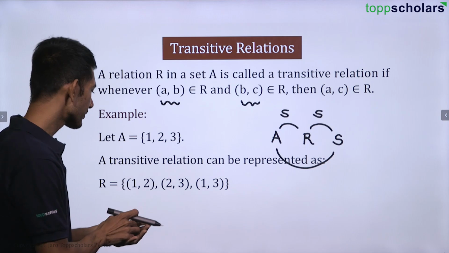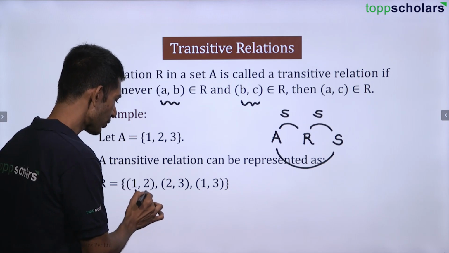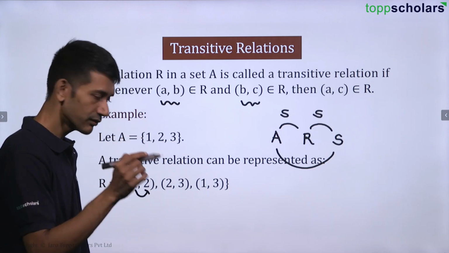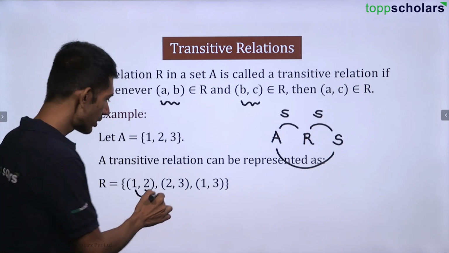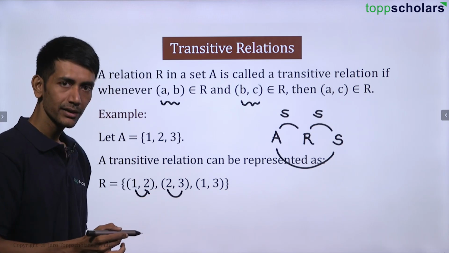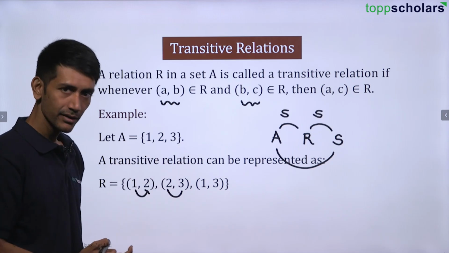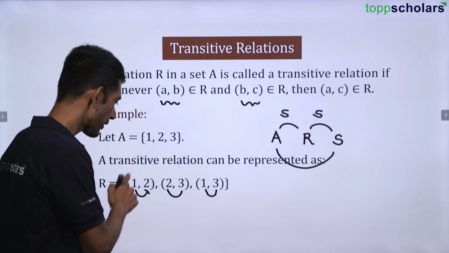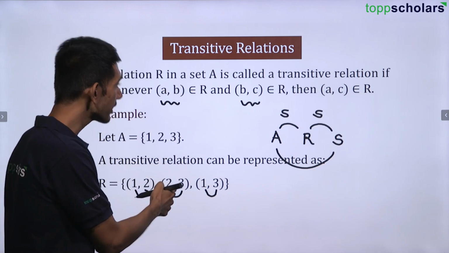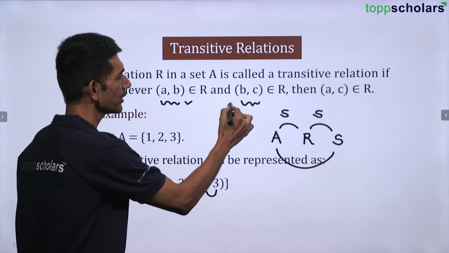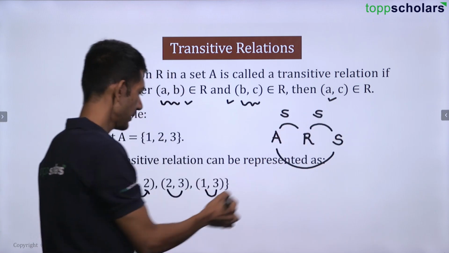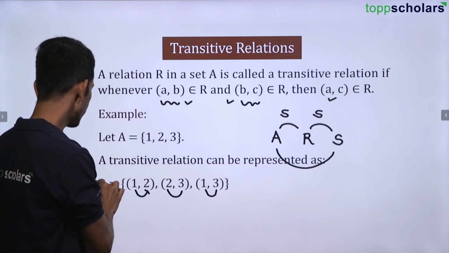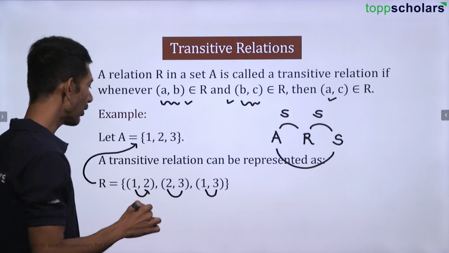We can write it like this. 1 is related to 2, observe, 2 is related to 3, and in this particular set, we have 1 is related to 3, correct? Just look at this, you'll get to know. So, this example is a perfect example of transitive relation.